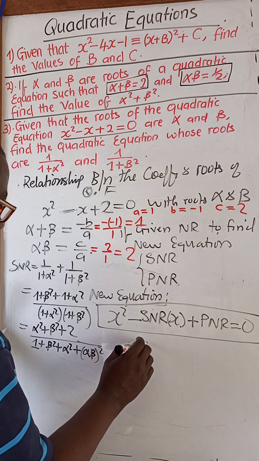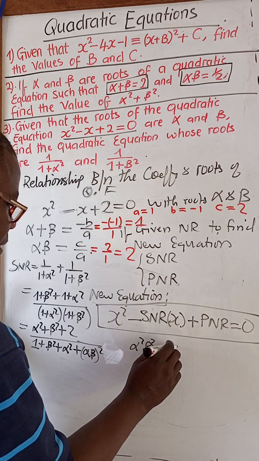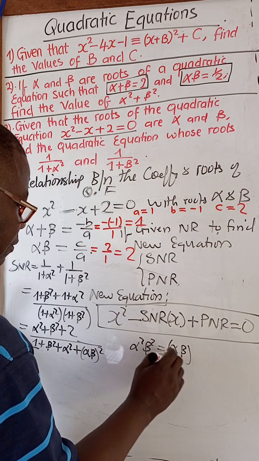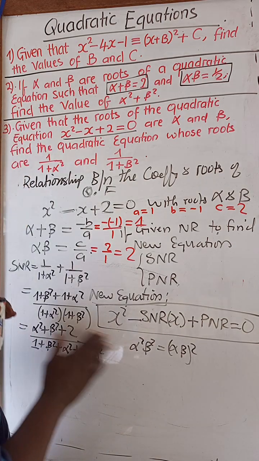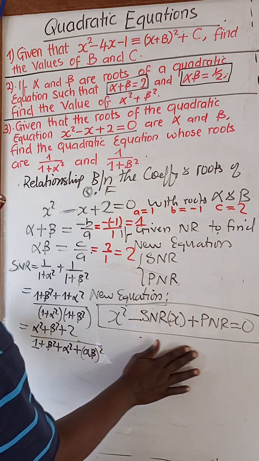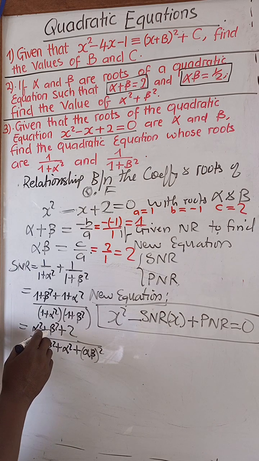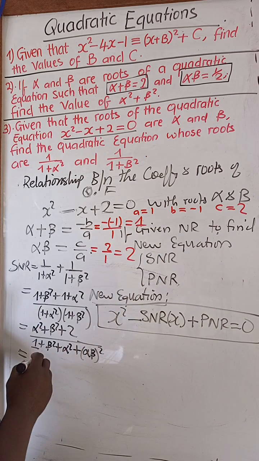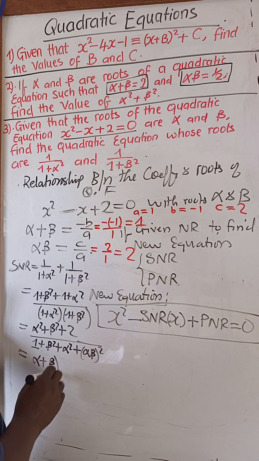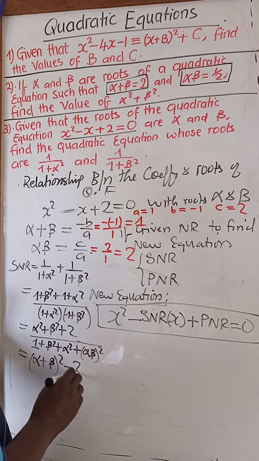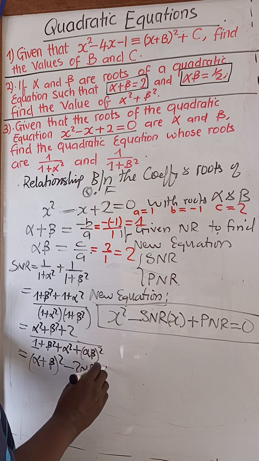Okay, alpha squared beta squared is the same as alpha beta all of that squared. Alright, so this gives us alpha squared plus beta squared, as we saw earlier on, is simply alpha plus beta all squared minus 2 alpha beta, plus 2.